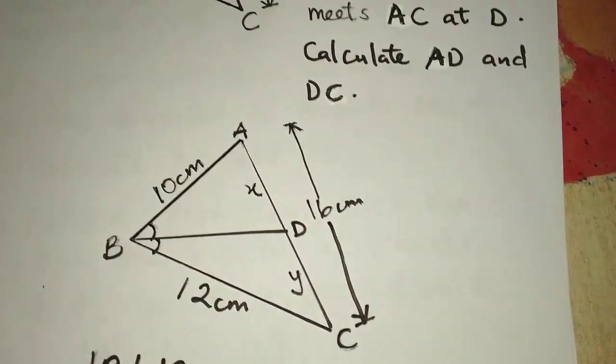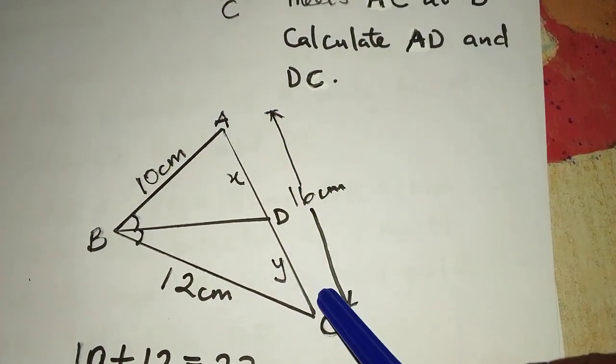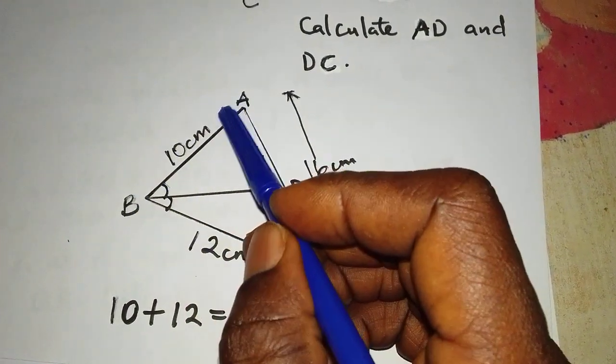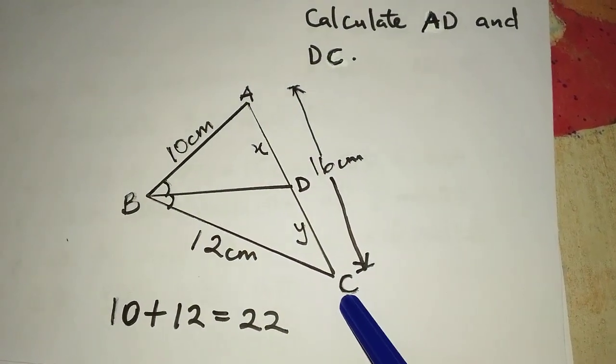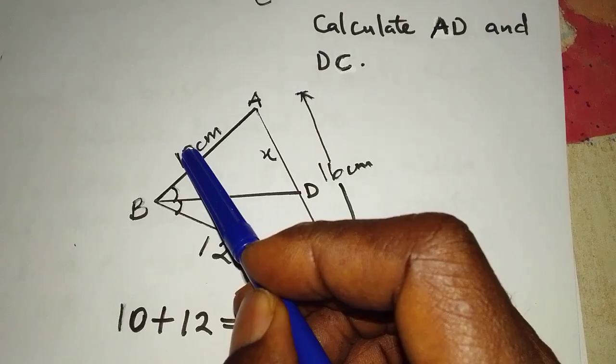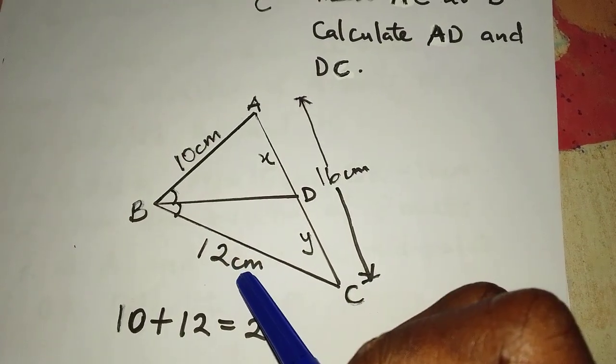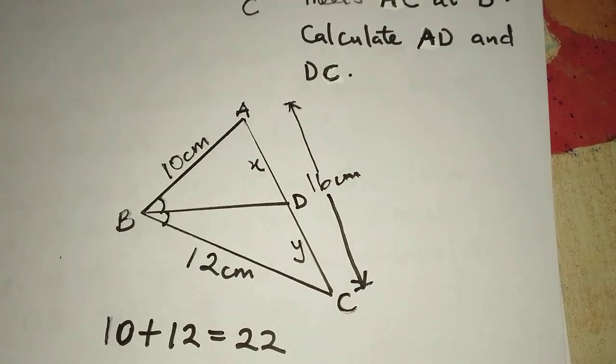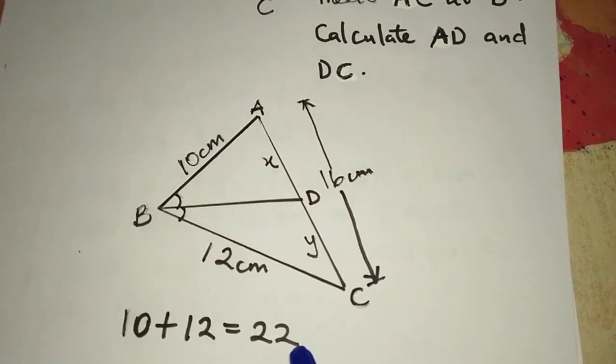So the length of the third line is 16 centimeter. First of all, add these two sides of the triangle, which is 10 plus 12 centimeter. When you add 10 plus 12, it will give you 22.